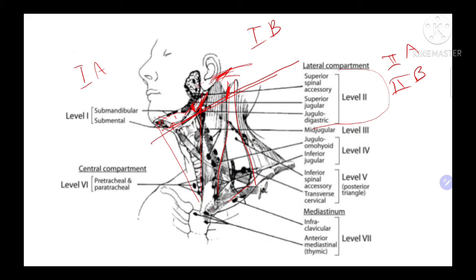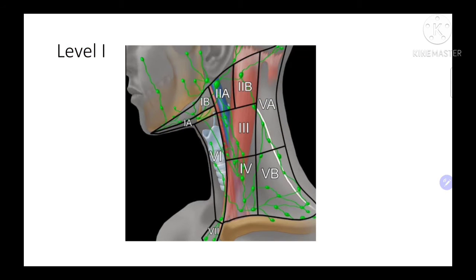The 2B group is posterior, and this group you can separate by a fat plane from the internal jugular vein. So 2A you cannot separate without injuring the jugular vein, and 2B, yes, absolutely you can separate. You see here.